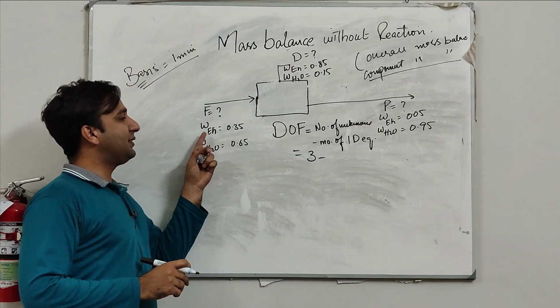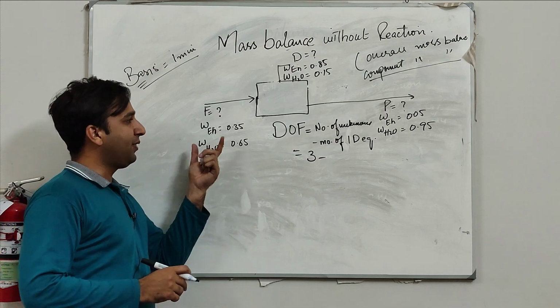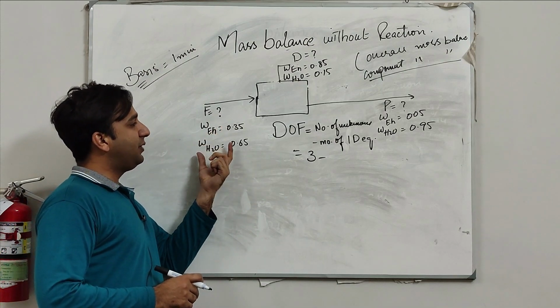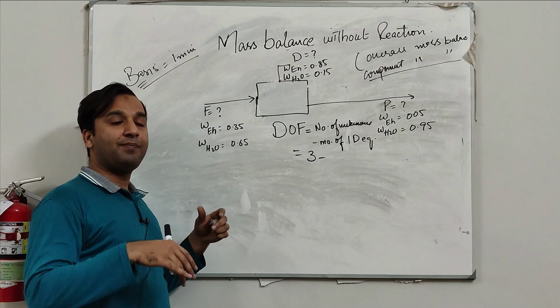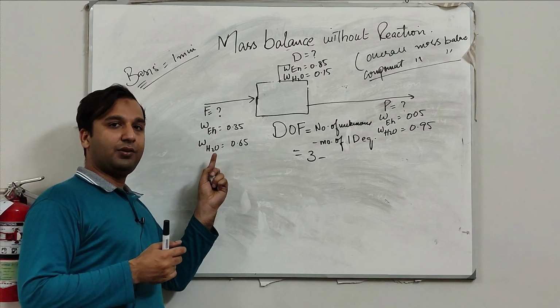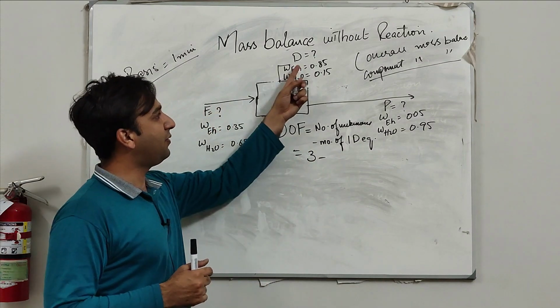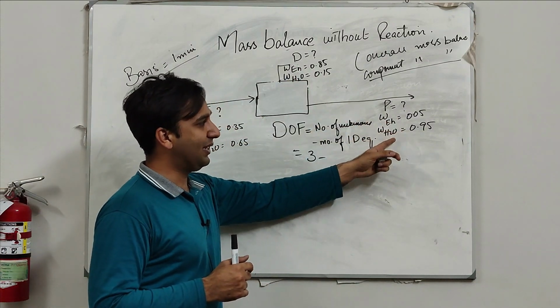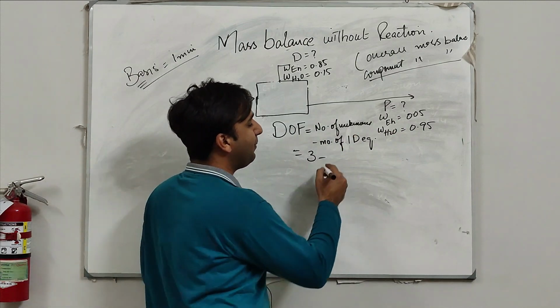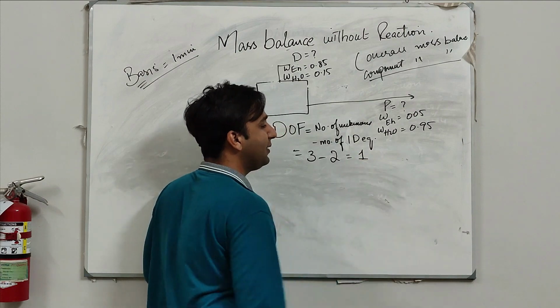Here E H represents ethanol and H2O is water. So we have two components, ethanol and water, and you can see ethanol and water in each stream. So the number of independent equations is 2. So the degree of freedom is 1.